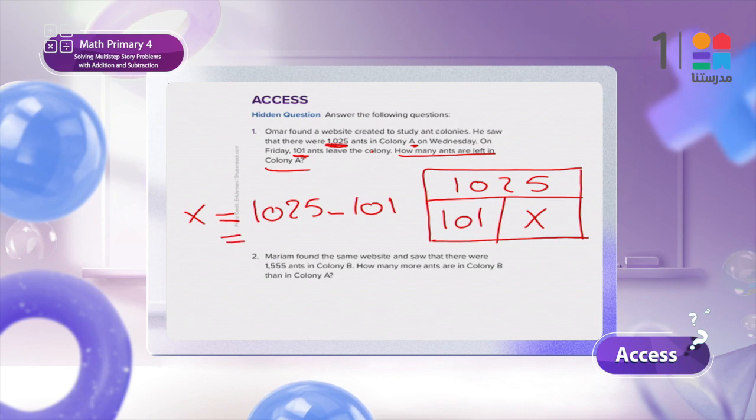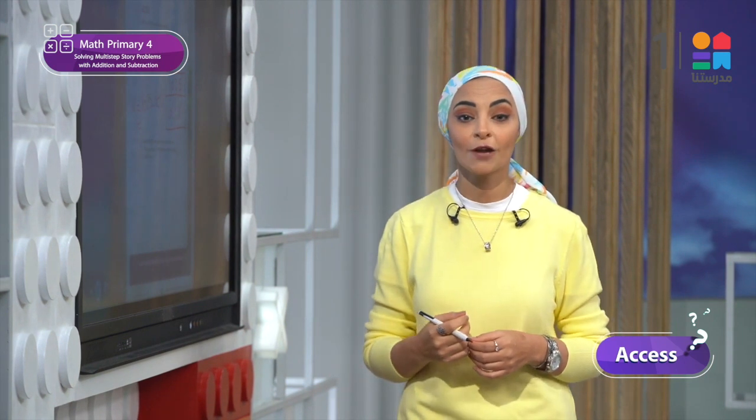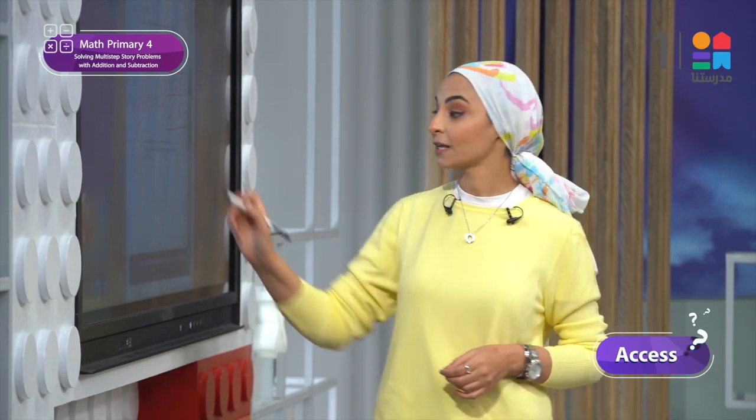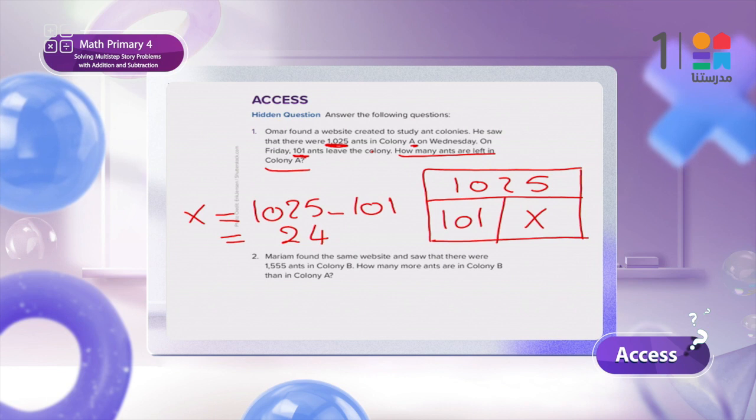Who can tell me 1,025 minus 101? We calculate this mentally. 1000 minus 100 gives me 900. Then I will subtract 1 from 25, so the result will be 24, and this is my answer. So x equals 24.